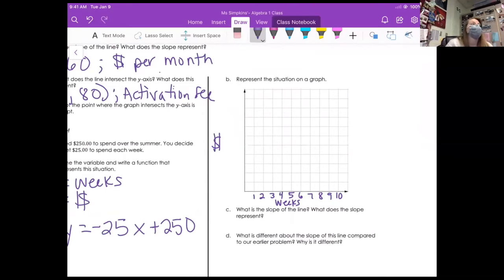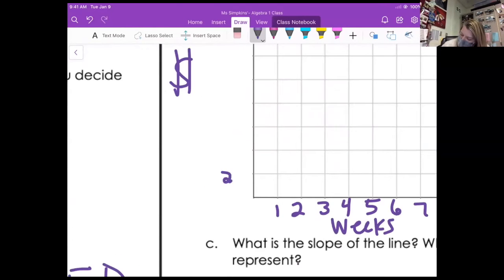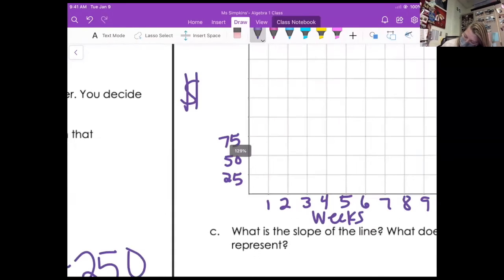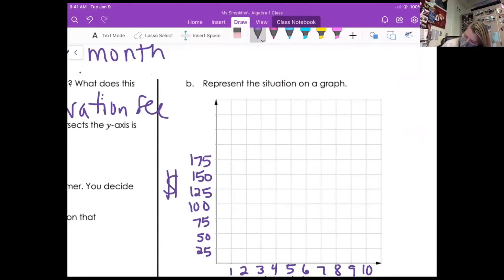Yeah, 25, because remember, I'm going in increments of 25. I'm starting at 250. It should actually work out just perfectly by counting by 25s. 100, 125, 150, 175, 200, 225, and 250.